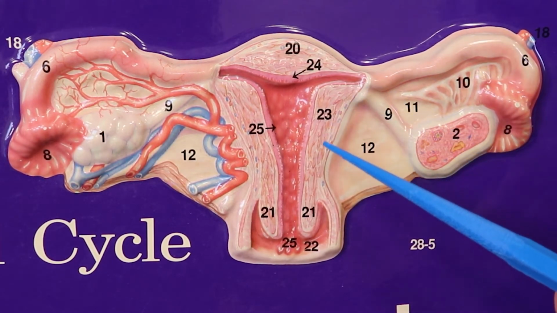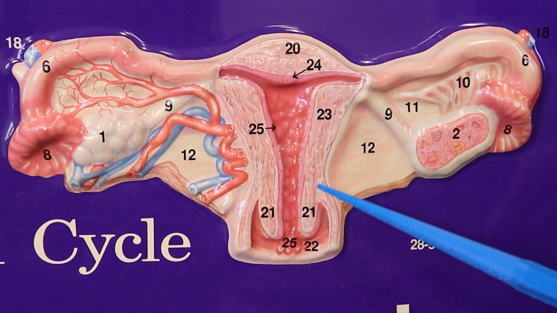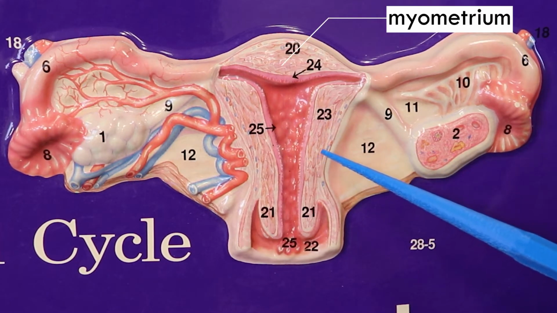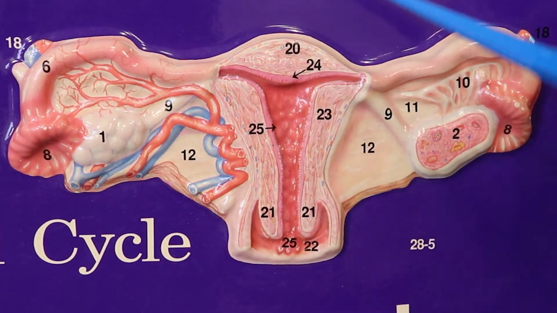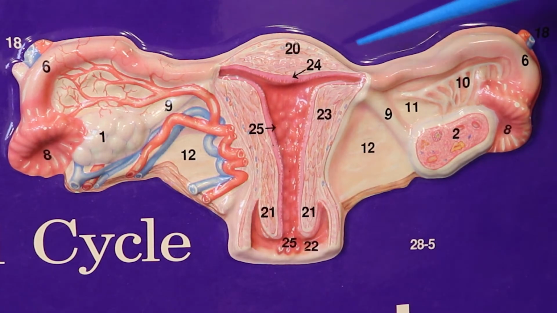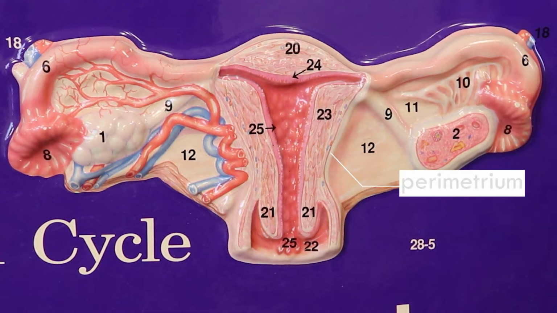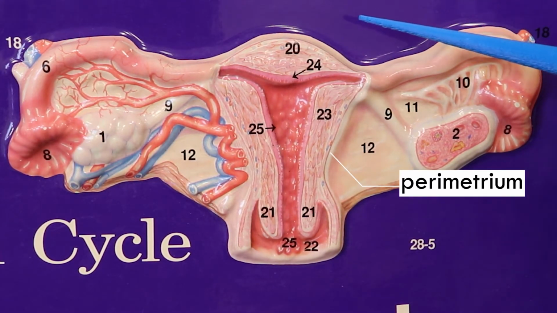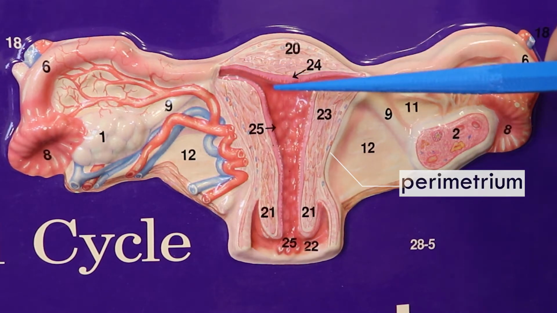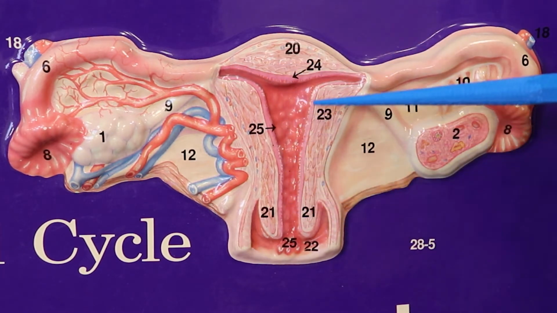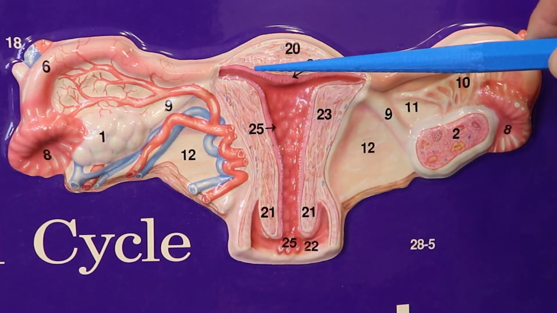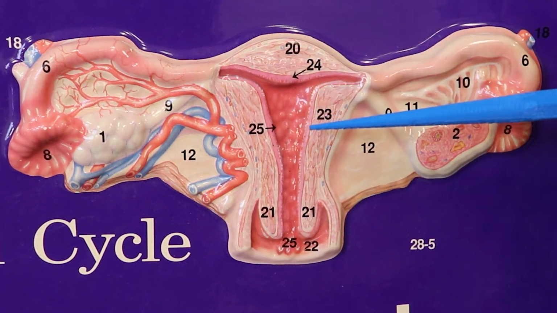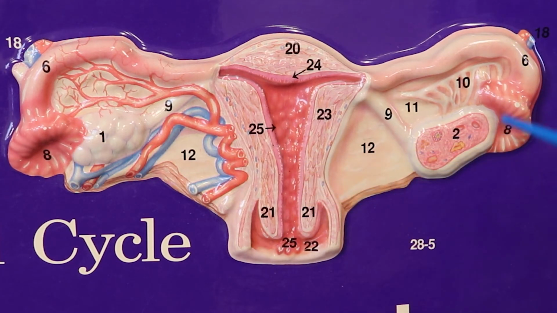And so the muscular wall is called the myometrium. The outer layer of the uterus is called the perimetrium. We could also call it the serosa. The inner layer of the uterus, which is a vascular layer that is shed during the monthly menstrual cycle, is called the endometrium.